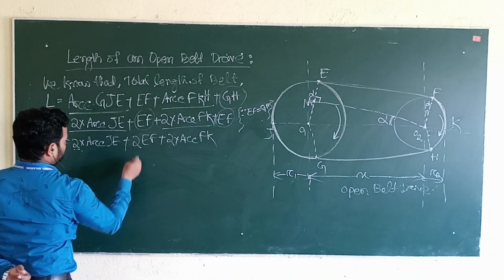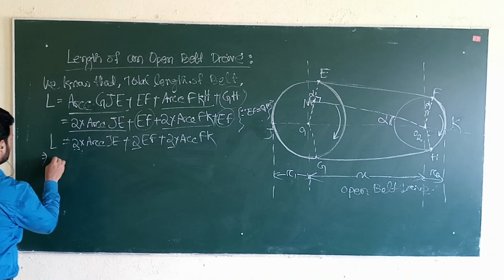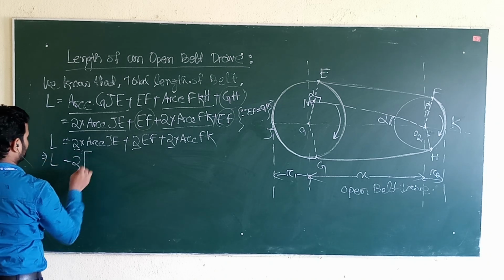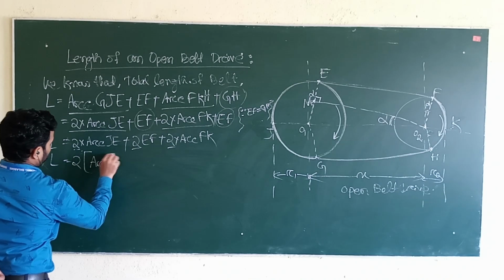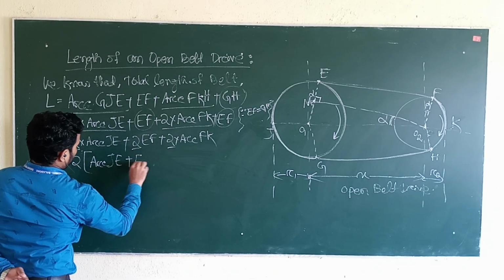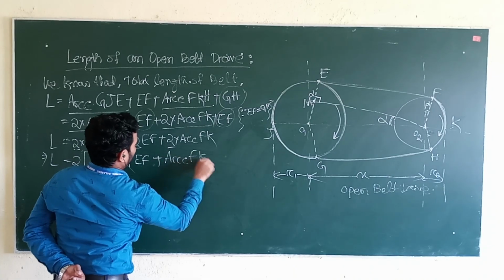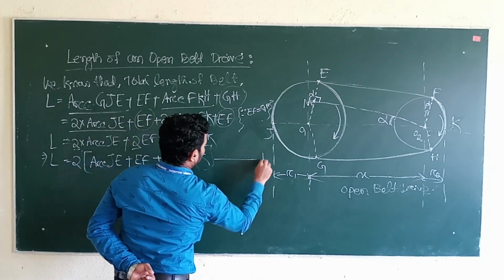Here 2 is common, so take 2 common. Then we write L equals 2 times (arc JE plus EF plus arc FK). Make it equation 1.